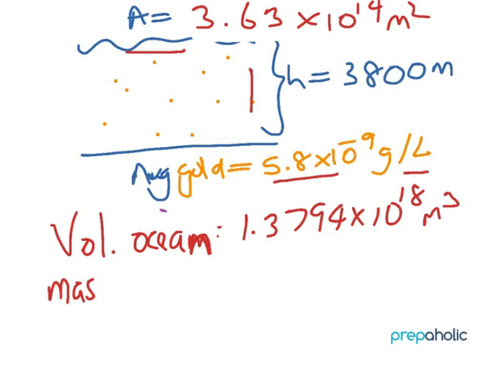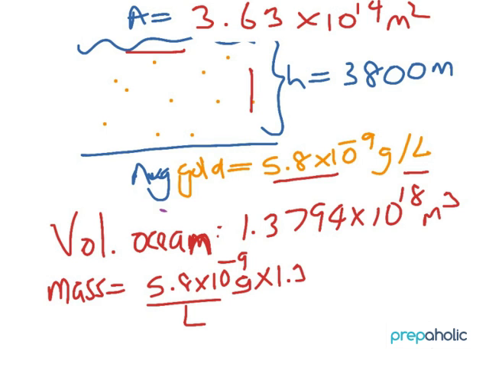The mass of the gold is going to be the concentration of the gold, which is given per liter, 5.8 into 10 to the power minus 9 grams over liters, times the volume. Now the volume is given in cubic meters, so we need to convert this into liters. Let's just write this down first.